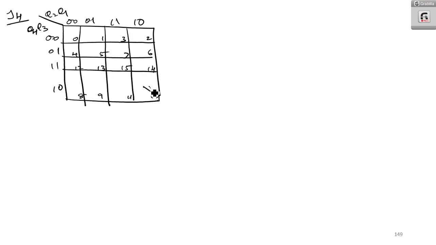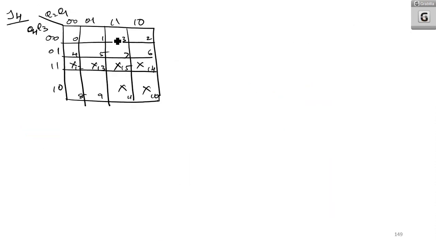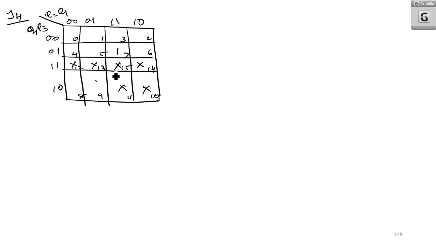Now 10, 11, 12, 13, 14 and 15 are don't cares because they are invalid states. Now here 7 is 1, 8 and 9 are don't care, and all others are 0.